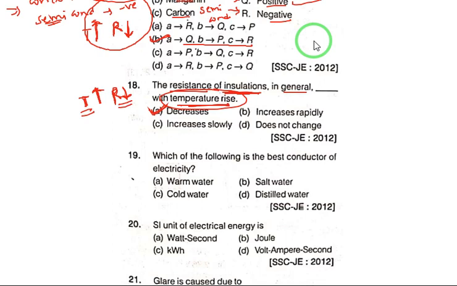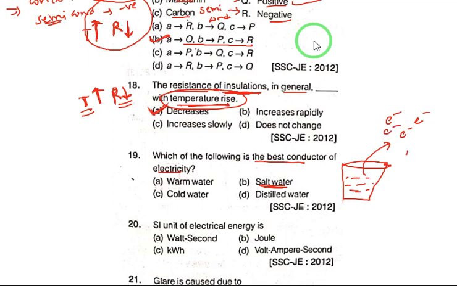Next one, which of the following is the best conductor of electricity? Salt water. Salt water is the best conductor of electricity. In salt water what happens? Free electrons will be present there, so many free electrons.